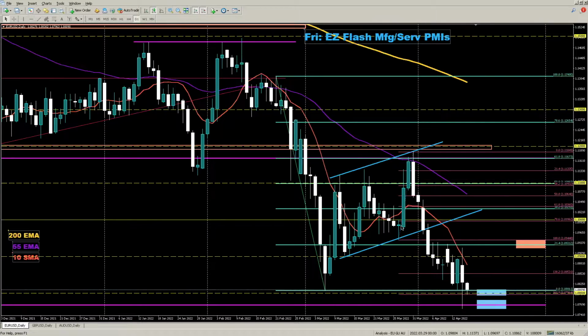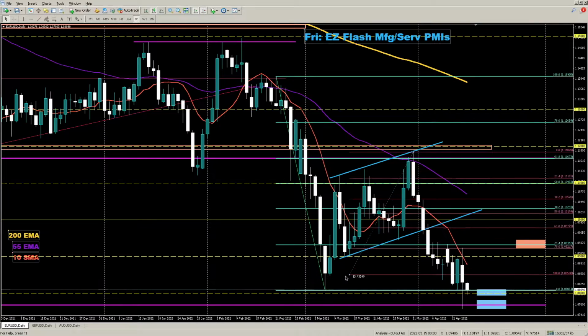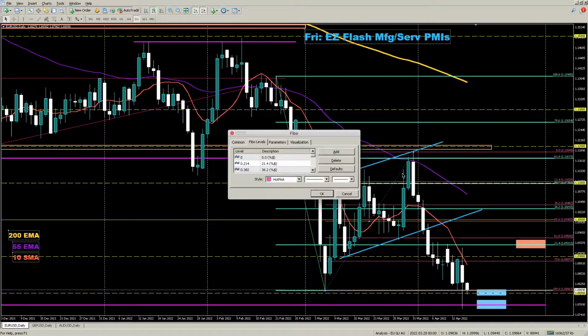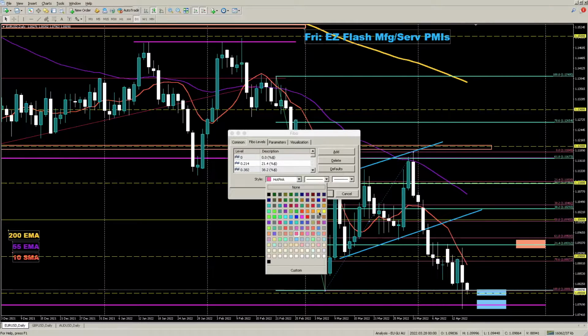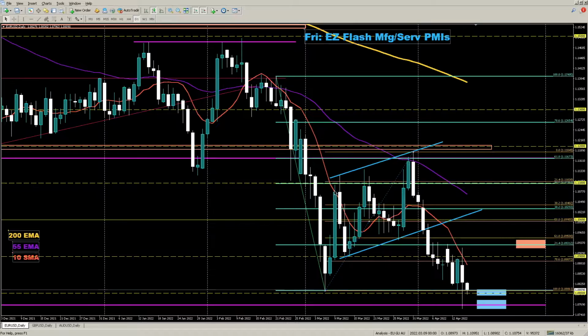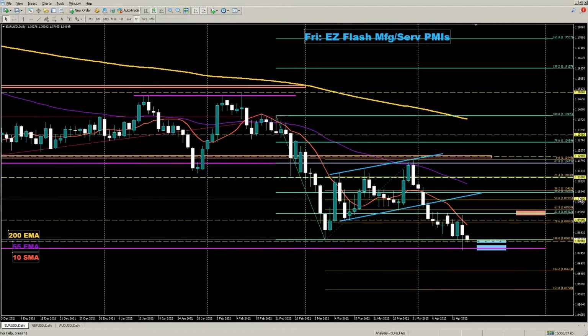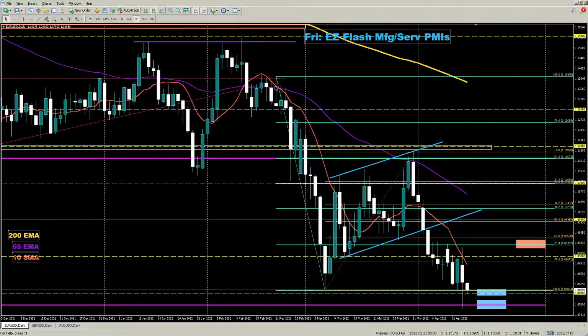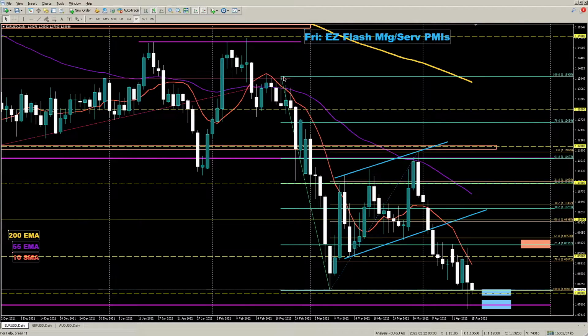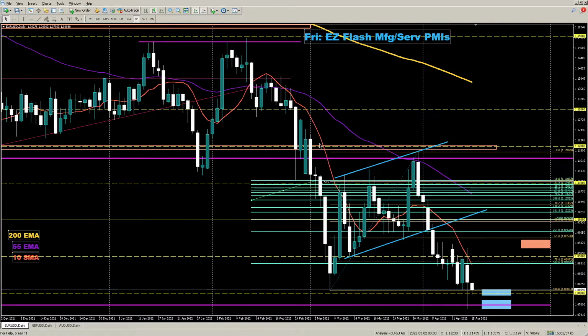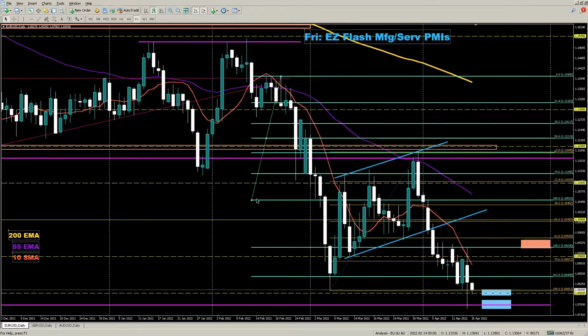And let's change this fib to reversal here, and let's see whether it aligns. We need to change this to a bearish continuation move.